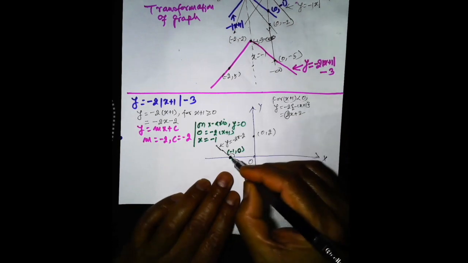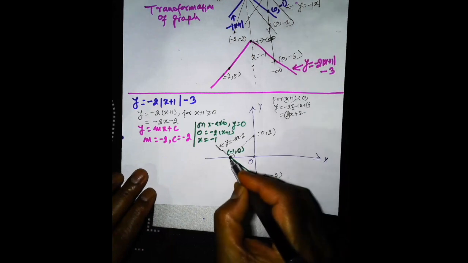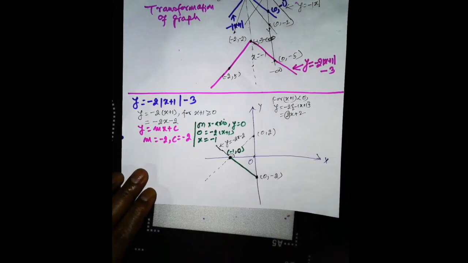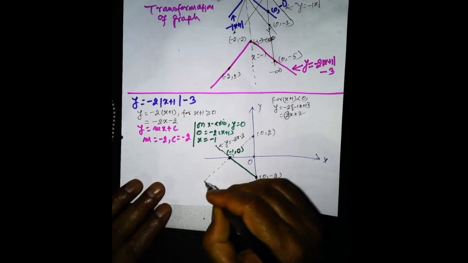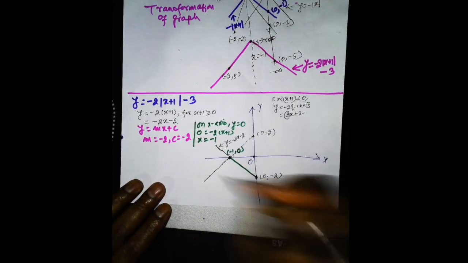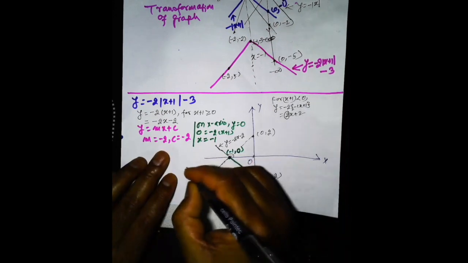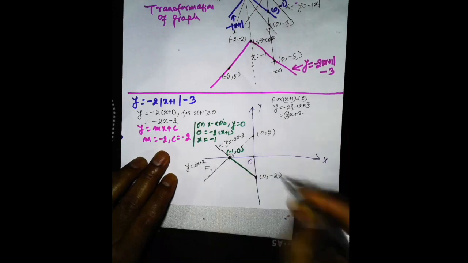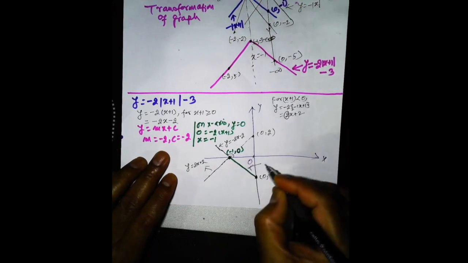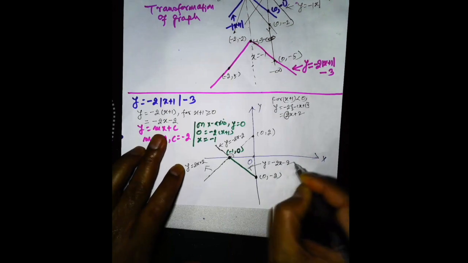So another line will be passing this way, and you can extend the same line down from here. All right, so this would be the graph of the function y equals 2x plus 2.